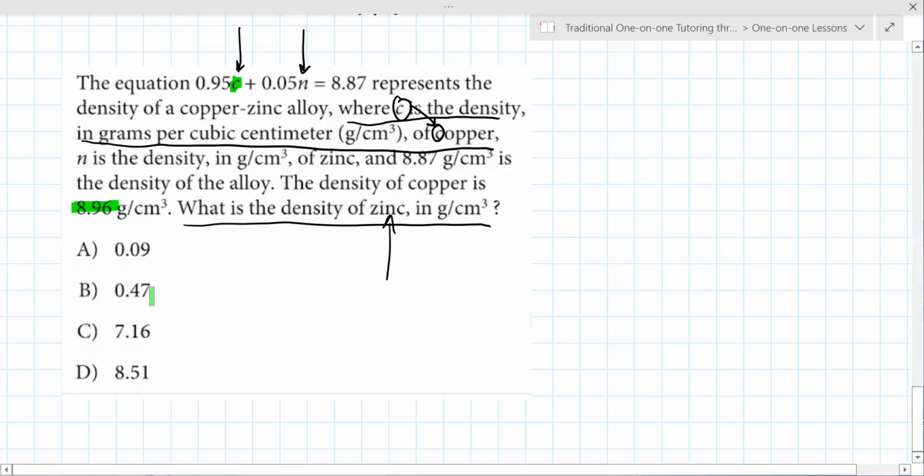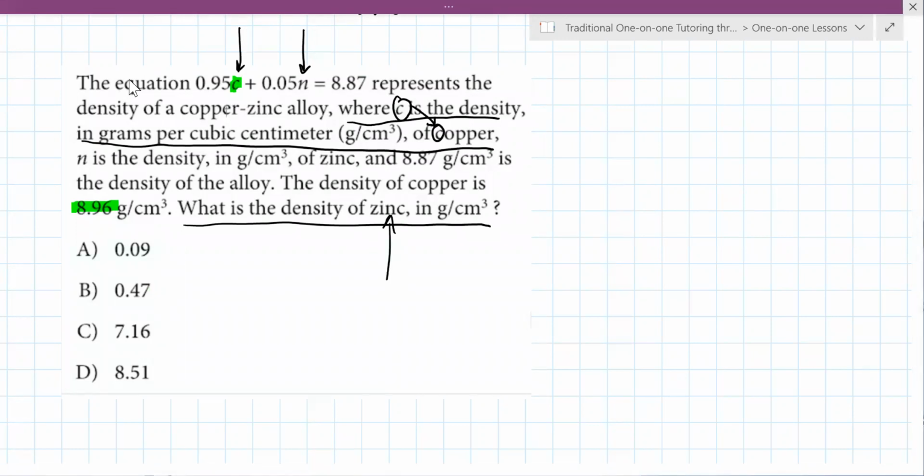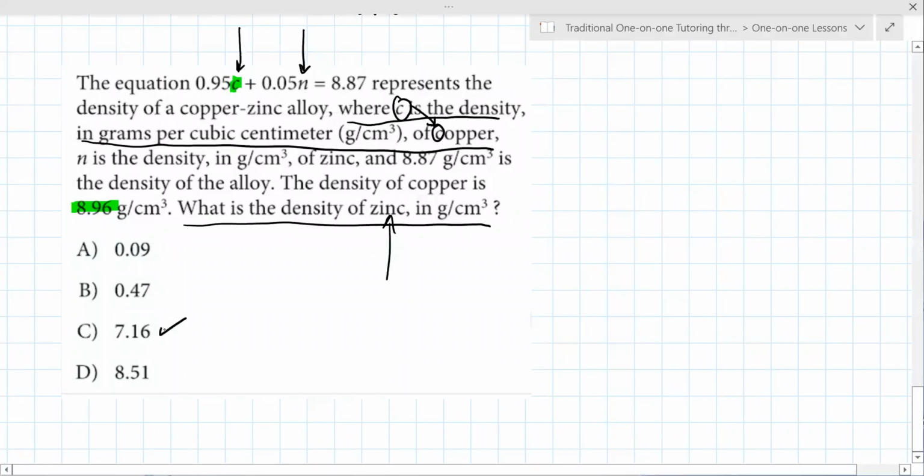I agree. There's nothing really difficult about this problem. It's really just reading comprehension, but it's very deceptive.